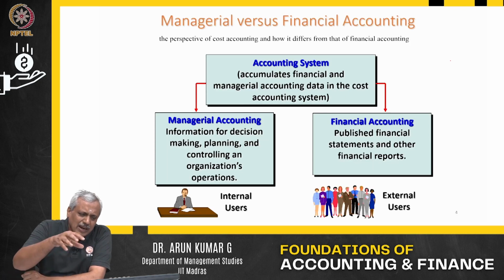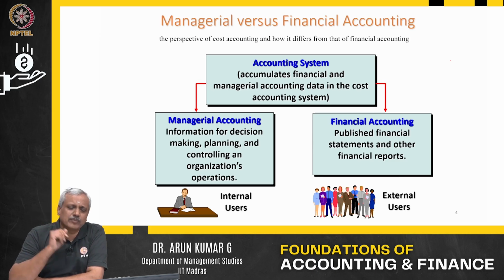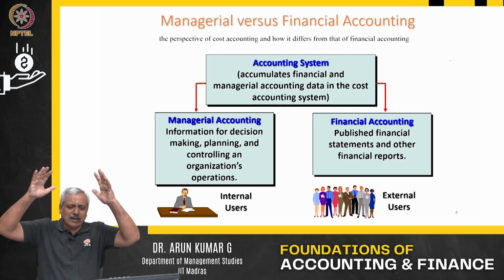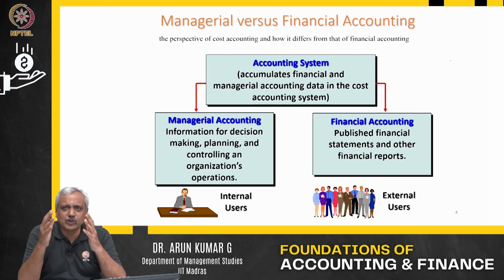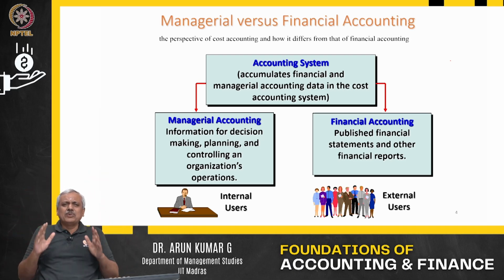But I am getting a little deeper into it. I am re-emphasizing the same thing I talked about. An accounting system is a broad umbrella. It accumulates the financial and management accounting data, all the information.